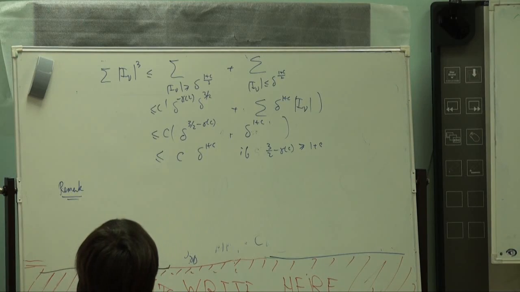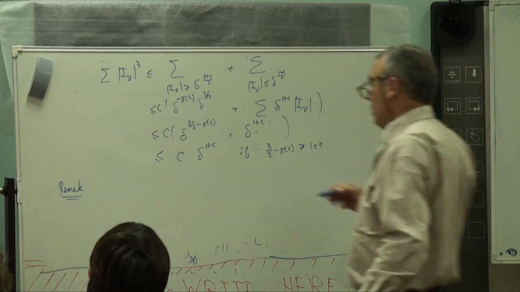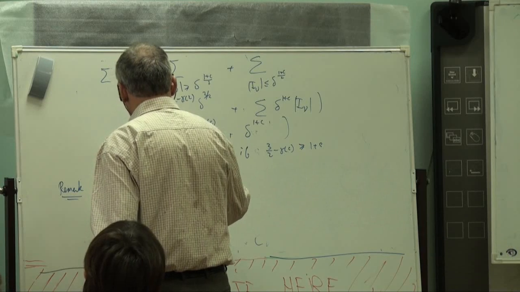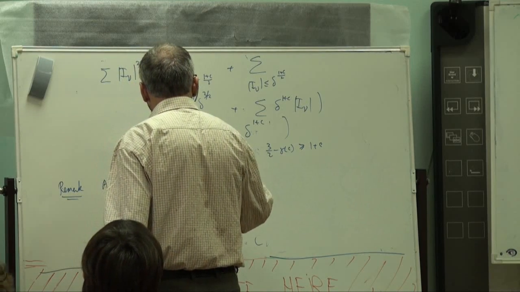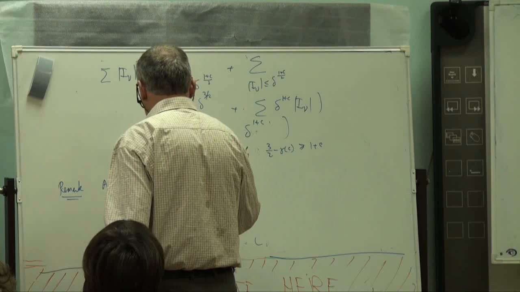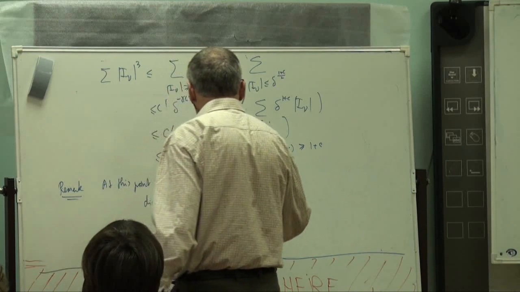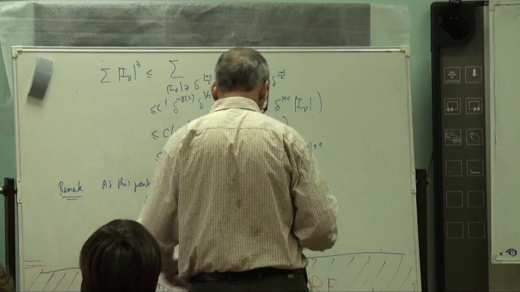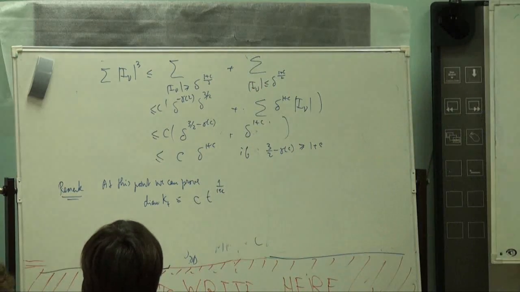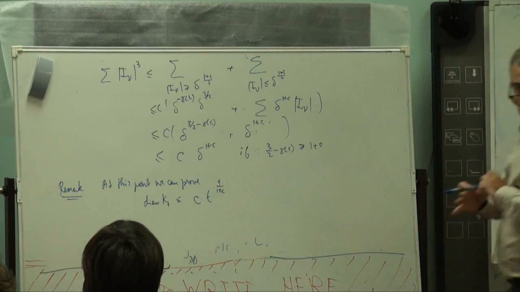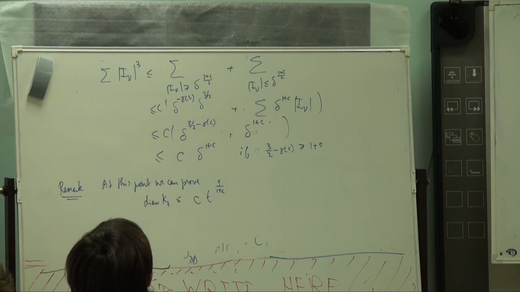At this point, we can prove that the diameter of K_t is less than a constant times t to the power 1/(1+c), which is already something, because this exponent is less than 1. So it's less than ballistic growth.